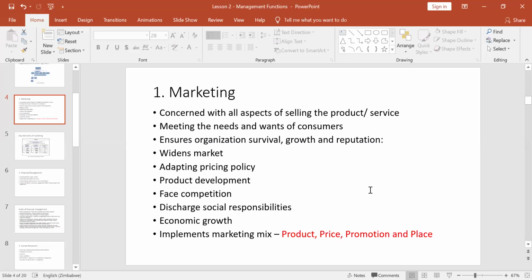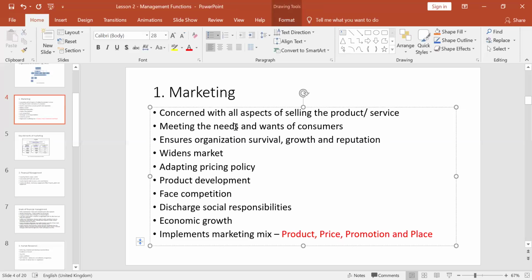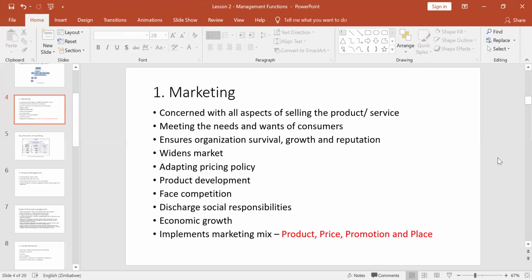They ensure the survival, the growth, the reputation of the organization. With some organizations, they will have a separate department, the public relations, to deal with the reputation. With others, if maybe it's a smaller organization, marketing will be in charge of the reputation of the organization.